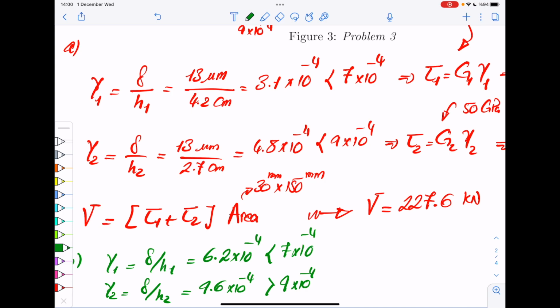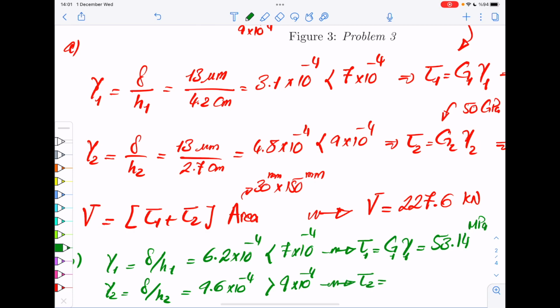So what happens is that for member 1, we are still elastic. So tau 1 is still G times gamma. You can use that elastic relationship, and that gives you 53.14 megapascal. But for the second one, tau 2, it's already plastified, and it has reached the yield stress. So tau 2 would be simply the yield stress of member 2, that is 45 megapascal.